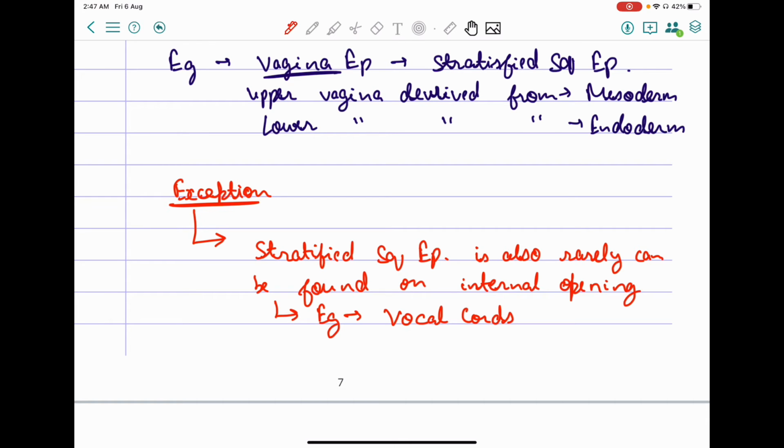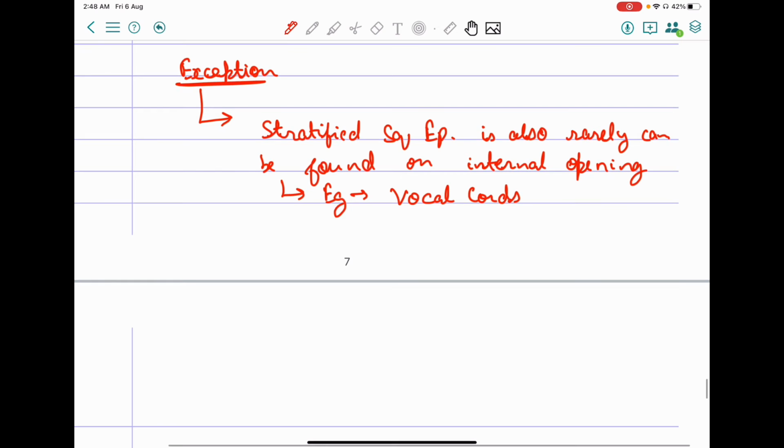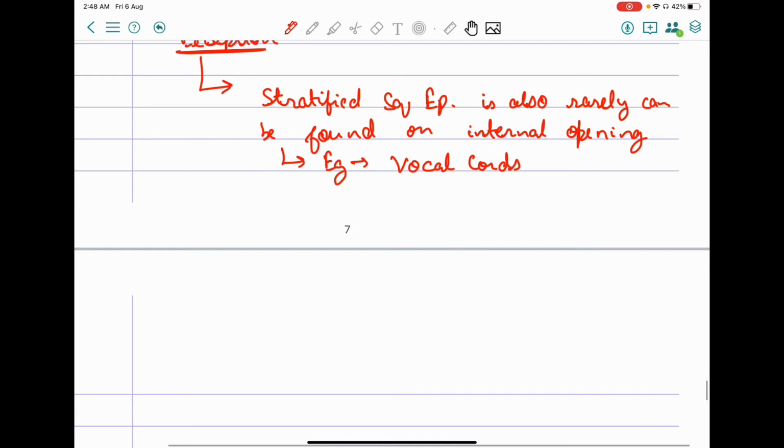First of all, tell me, what is the function of stratified squamous epithelium? Its function is protection. And why do vocal cords need protection? Actually, stratified squamous epithelium protects from abrasion. So how can abrasion occur in vocal cords?